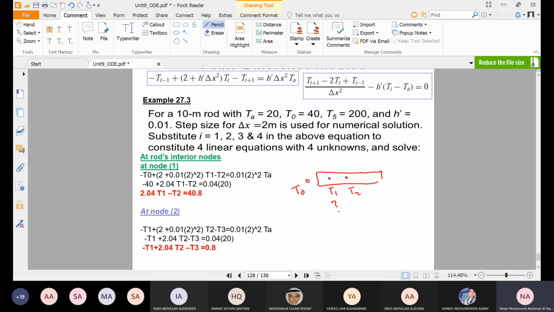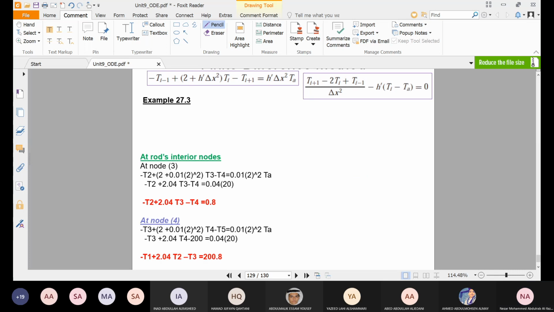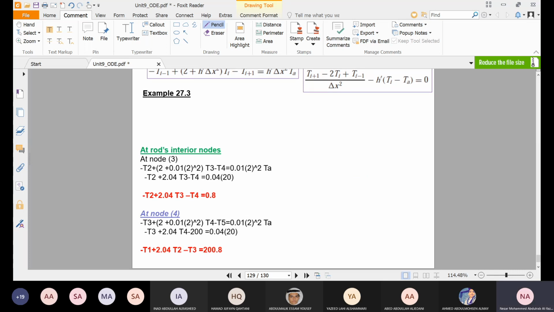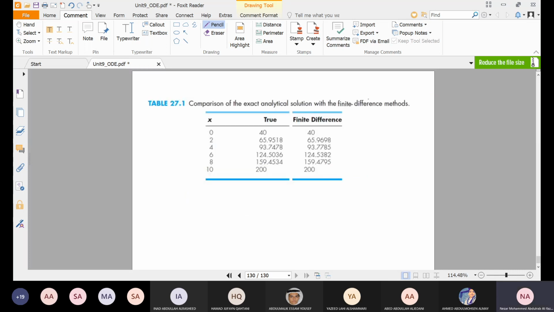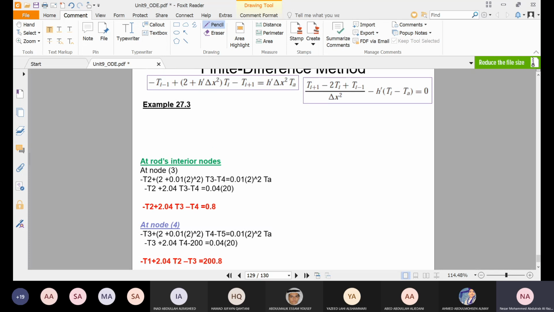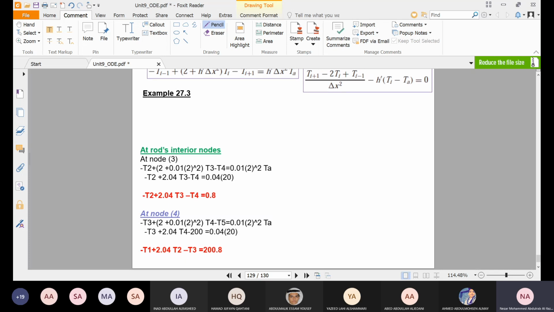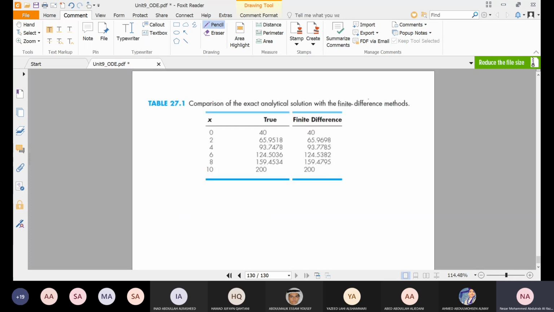So this will be in terms of these two. Each one will be in terms of its surrounding nodes, because temperature usually transfers horizontally in the same row. And this is for the third node, and this is for the fourth node. After that, we just apply our skills to get a solution for this one.